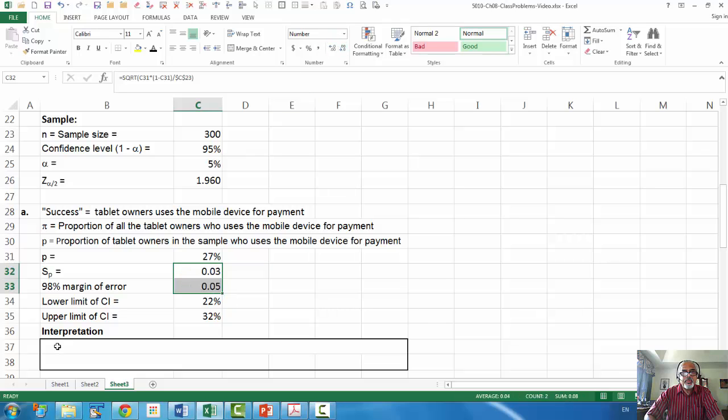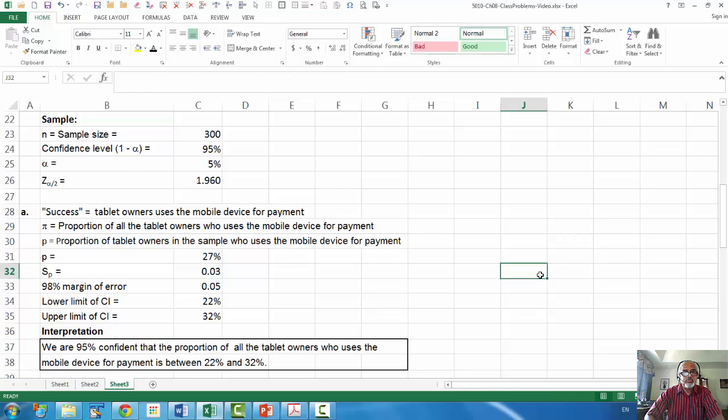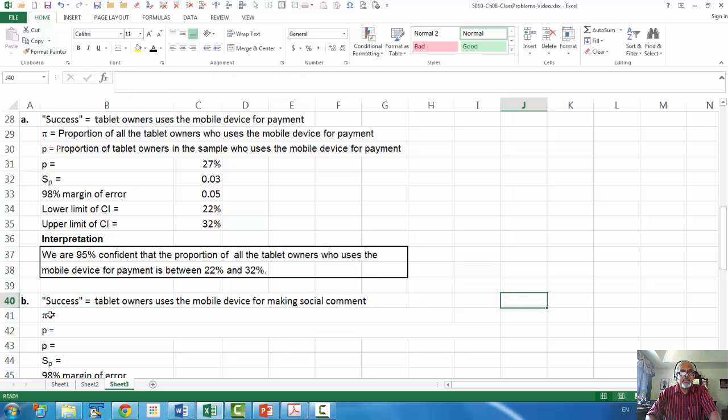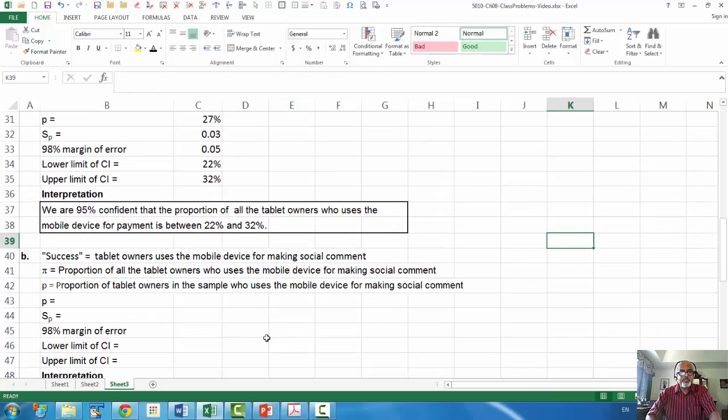Then we can interpret in this fashion. Now for B, when the mobile device user uses a tablet for making social comments, that's your success. So the population and then the sample. Now your p is 21%.